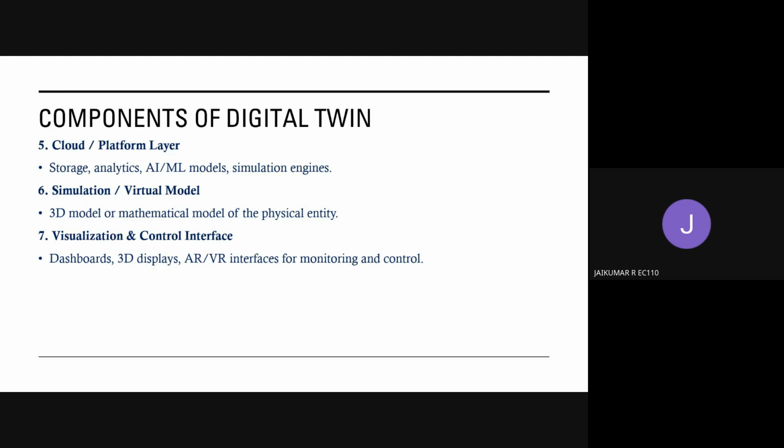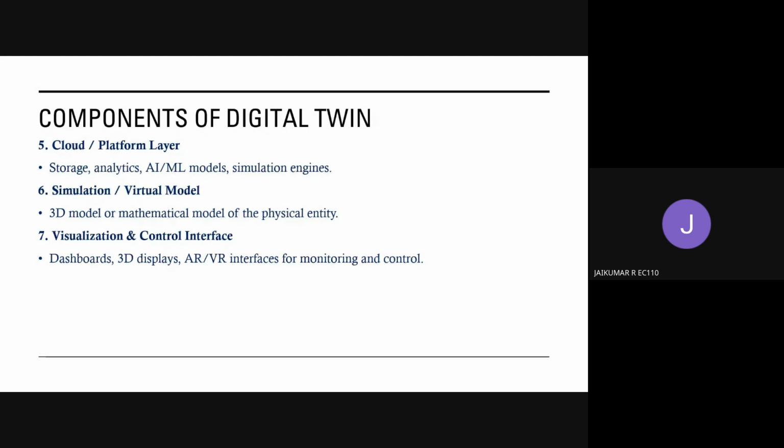That decision will control the simulation engine, which is a 3D model or a mathematical model of the physical entity. So after doing this simulation, the digital twin is updating the machine data.